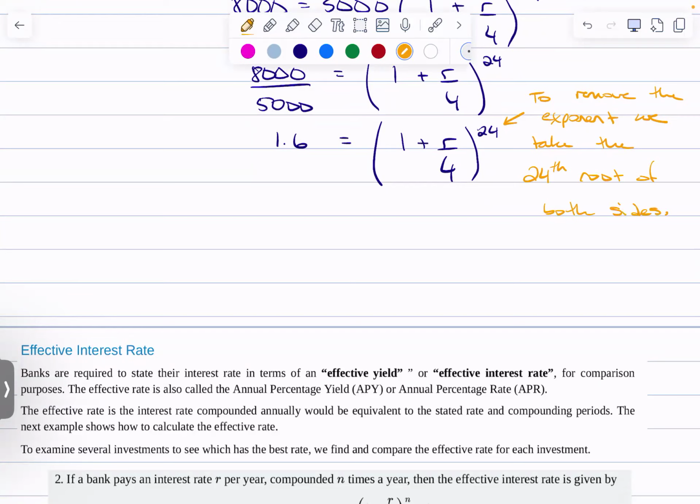If there's an equal sign, as long as you're doing it to both sides, you can do whatever you want. How do we take the 24th root? It looks like this: the 24th root of 1.6 equals 1 plus r over 4.